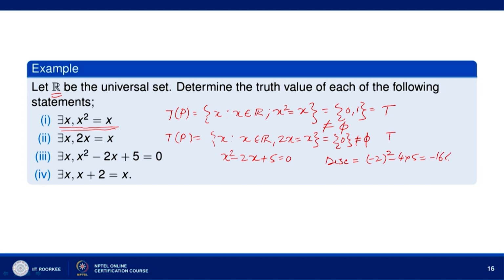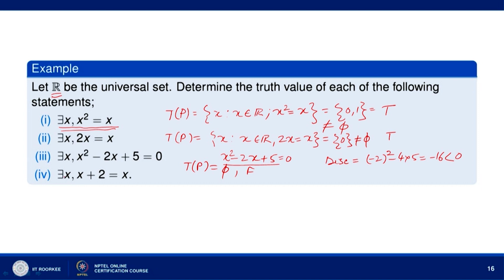So the discriminant is negative, and therefore its roots are complex. So for no real value of x is x square minus 2 x plus 5 equal to 0, and therefore T p is equal to phi. So the truth value of this statement is F.